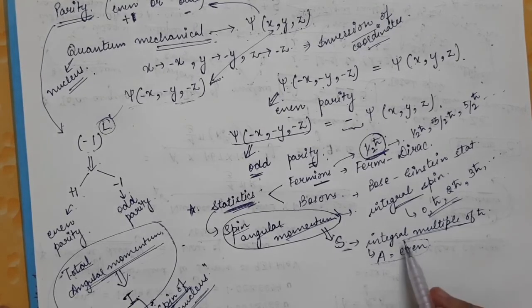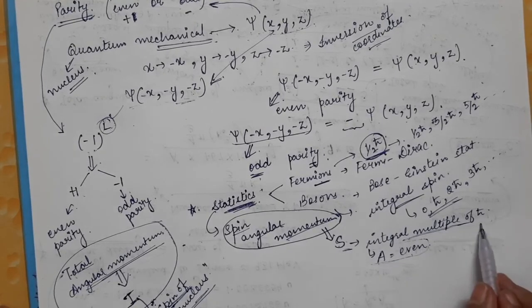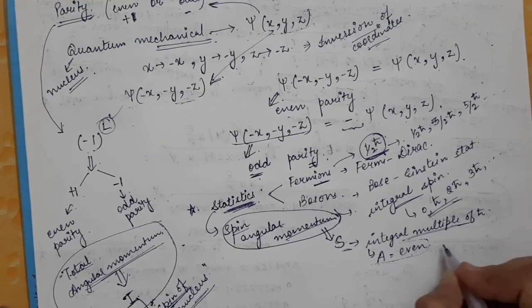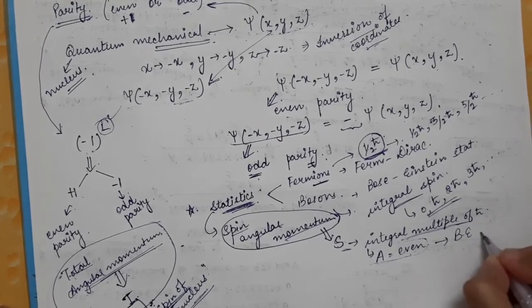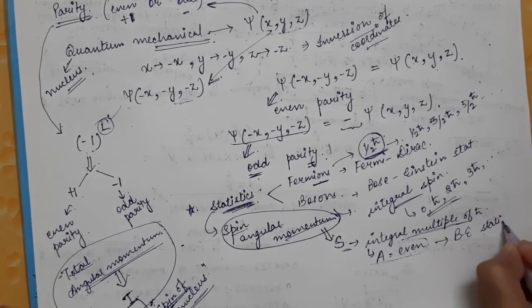In this case, the spin of the nucleus will be an integral multiple of h cut, and hence such a nucleus will follow Bose-Einstein statistics.